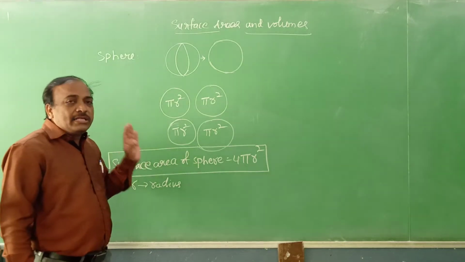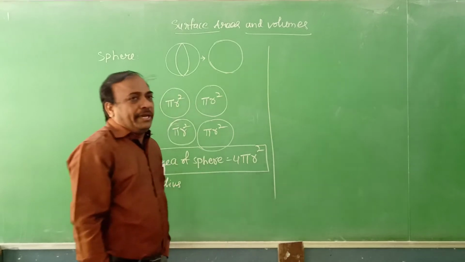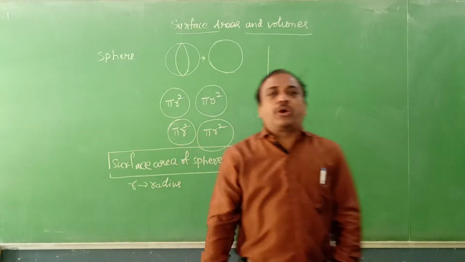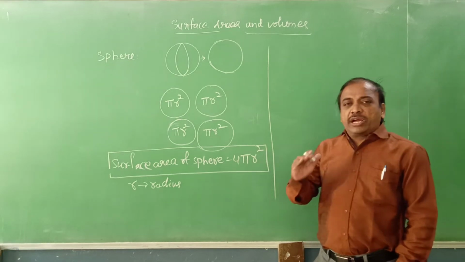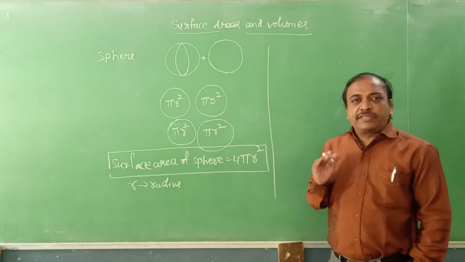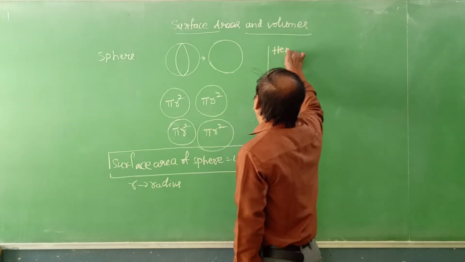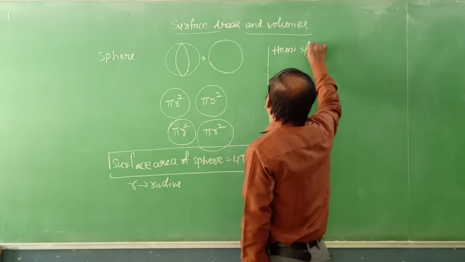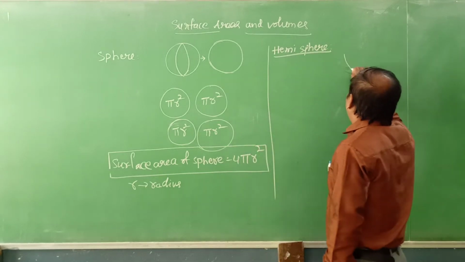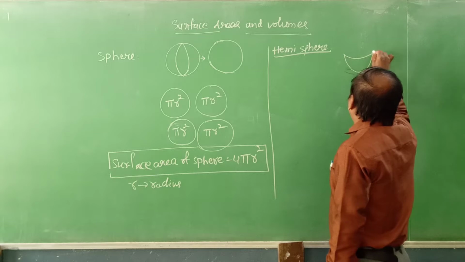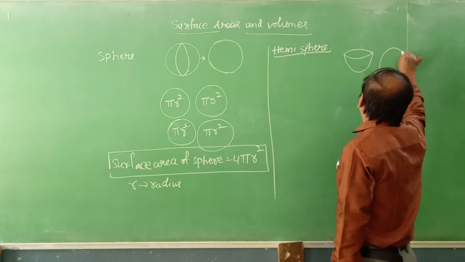Now when it comes to the hemisphere, half of the sphere, what do you call it? When you cut the sphere into two equal halves, you will get a hemisphere, half of the sphere.